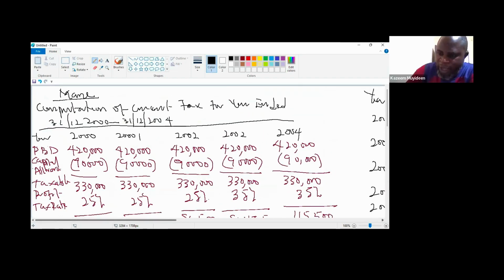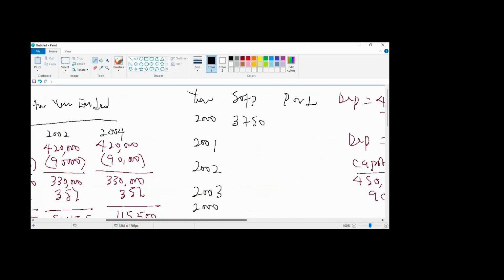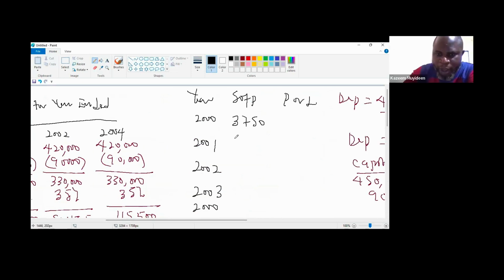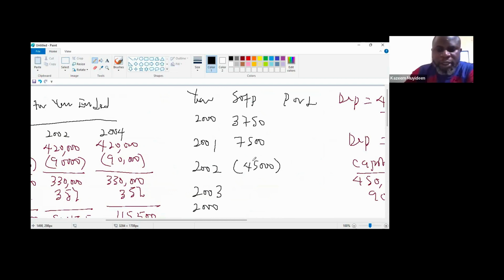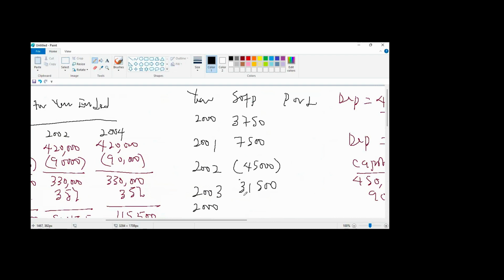Then 45. The second one is what? 45,000 assets. The 2003 we have 31,500 assets. Then I will go to the POL.